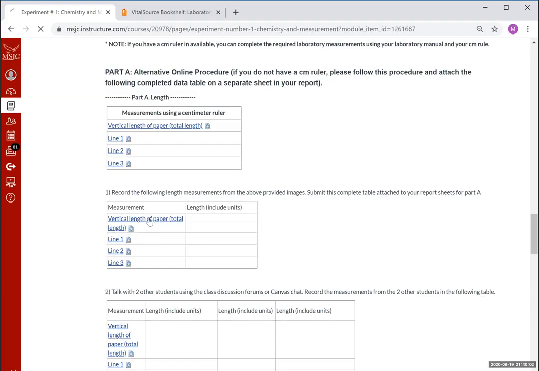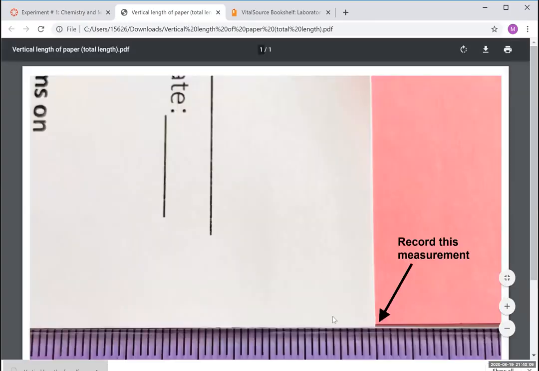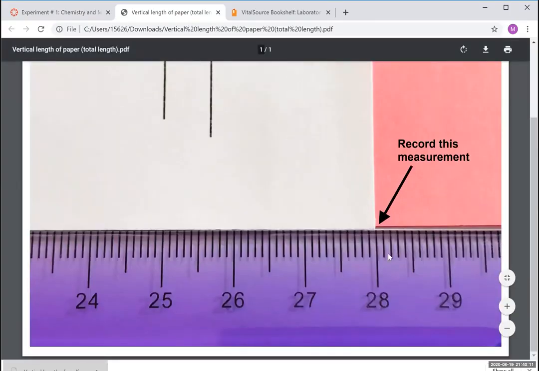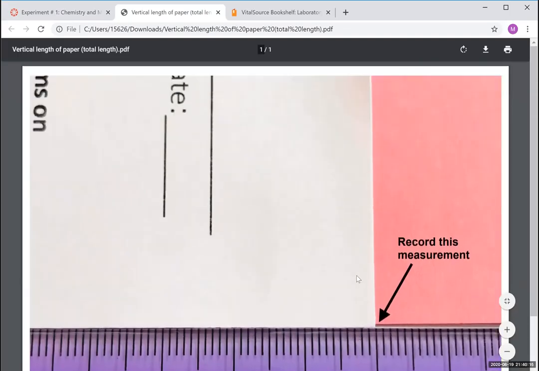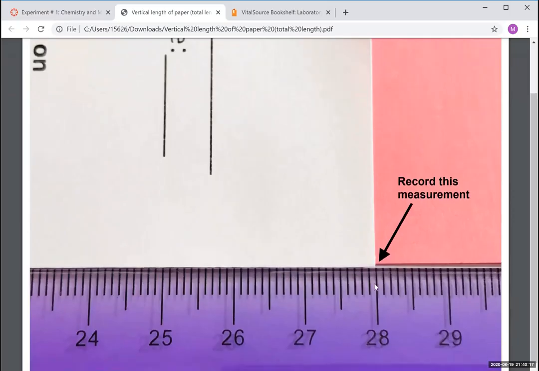Just to show you what these pictures look like, if you click on one of the links, you'll see a picture of a ruler. This is a centimeter ruler, and you'll be able to record the length of the object in the ruler. Does that make sense?